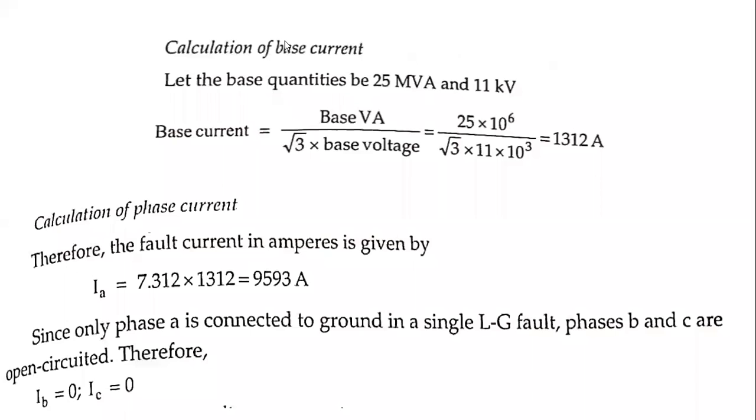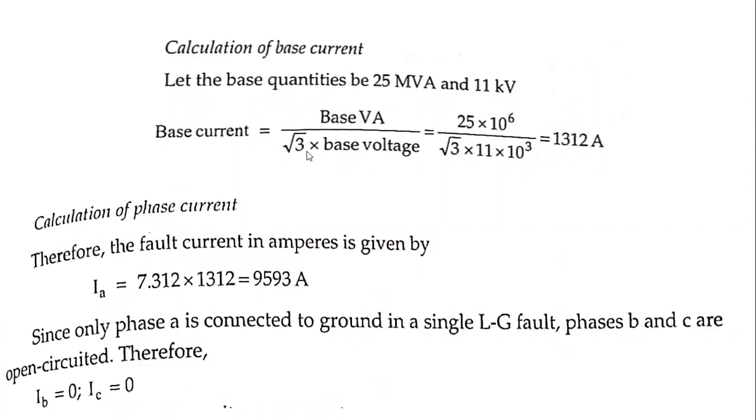Next, we already select the base currents, and then we calculate the base current. The base values are 25 MVA and 11 kV. What is the formula for base current? Base VA by root 3 into base voltage.